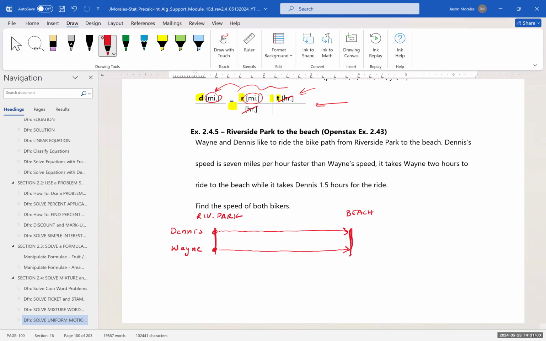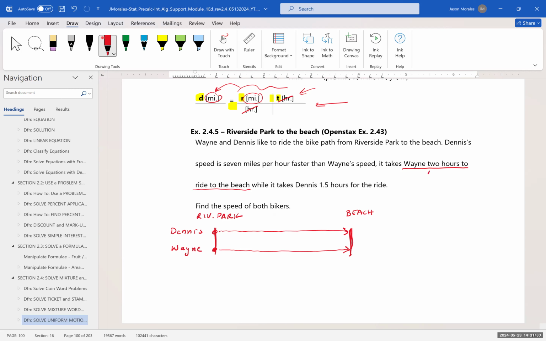All right, so let's see what we've got here. We've got Wayne and Dennis like to ride the bike path from Riverside Park to the beach. We've already taken care of that. Dennis's speed is 7 miles per hour faster than Wayne's. It takes Wayne 2 hours to ride to the beach.